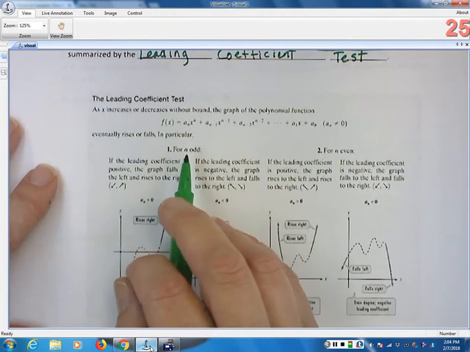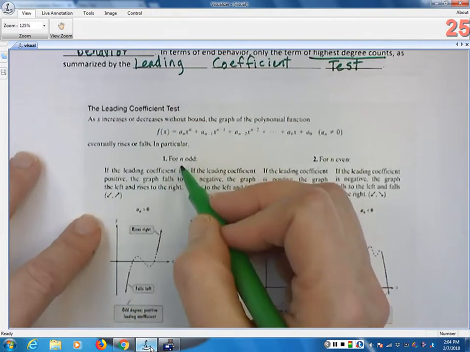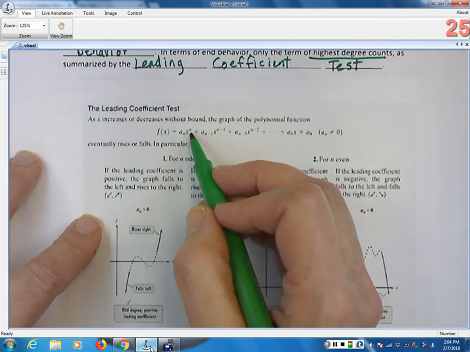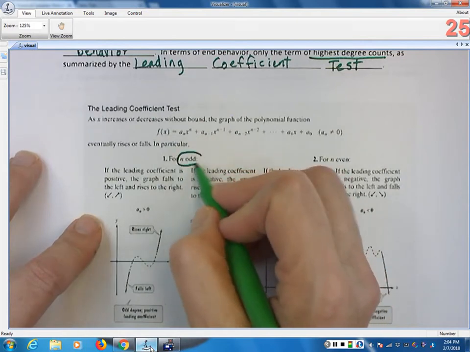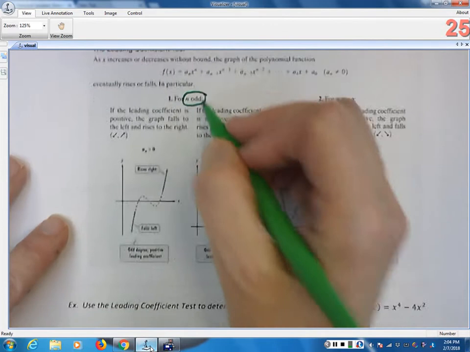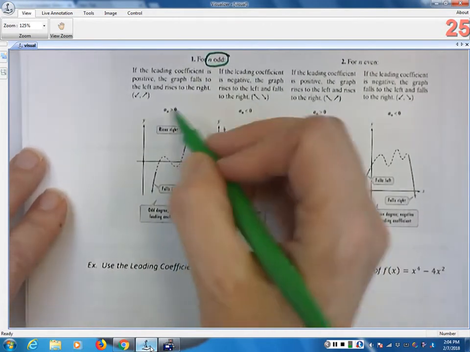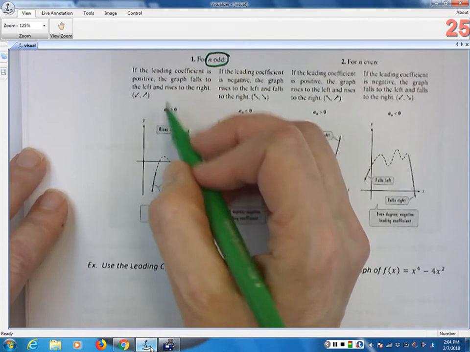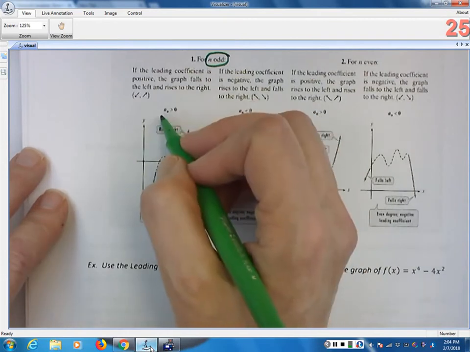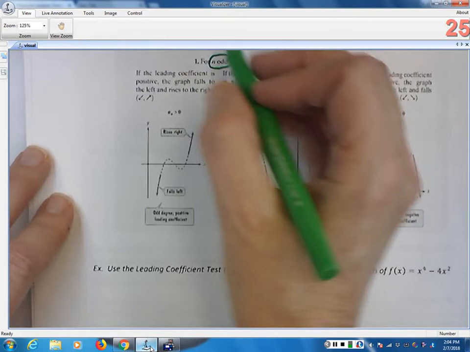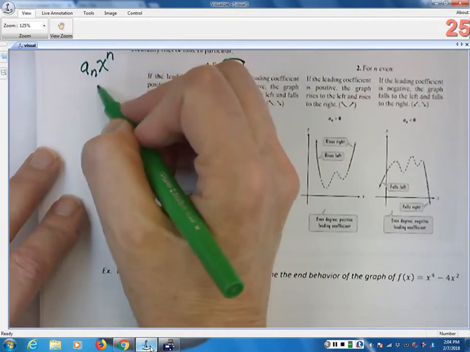And basically, n is our degree, n is the highest power exponent. When n is odd, we have this situation. If a sub n is greater than 0, a sub n x to the n is the leading term.